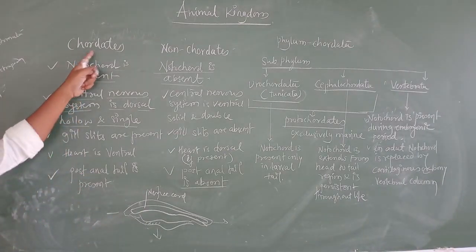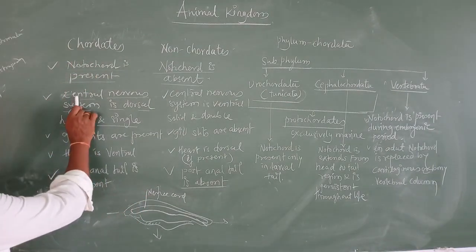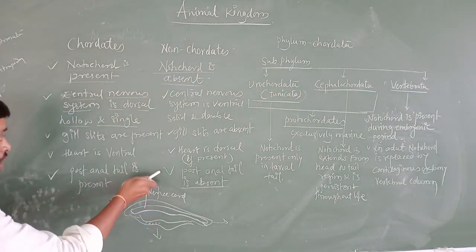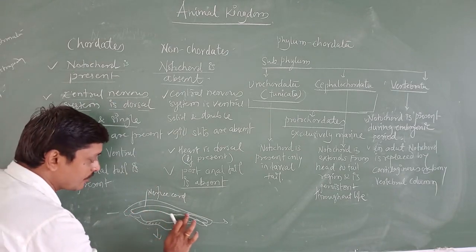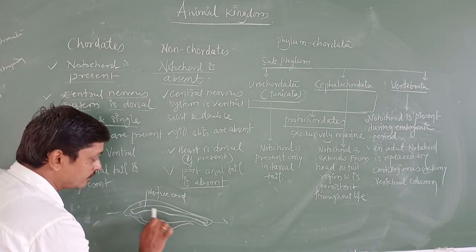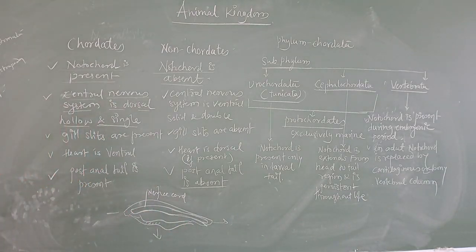So in chordates the central nervous system is on the dorsal side, hollow and single. Hollow in the sense that it is not solid. Yesterday we studied that the nerve cord is hollow and single.